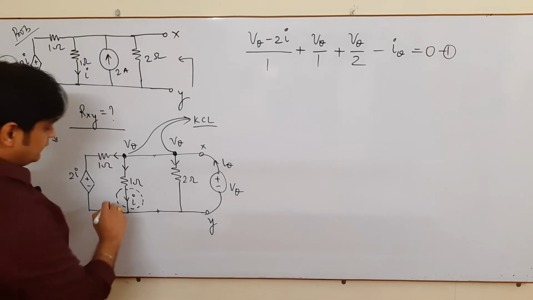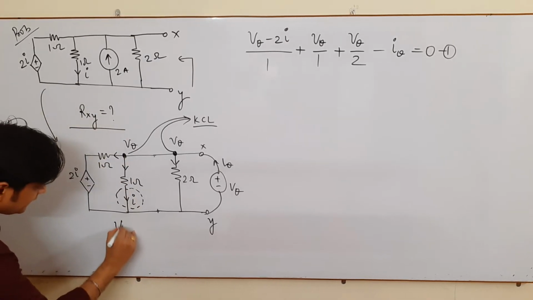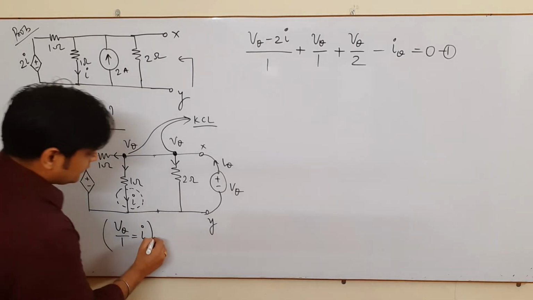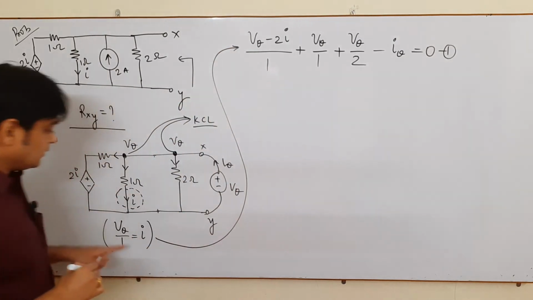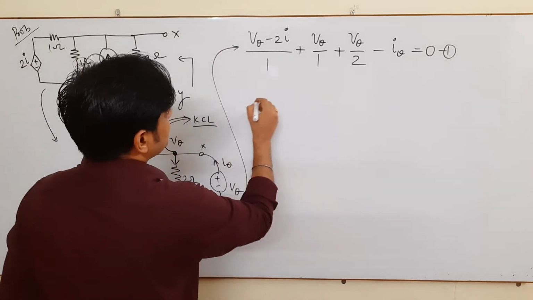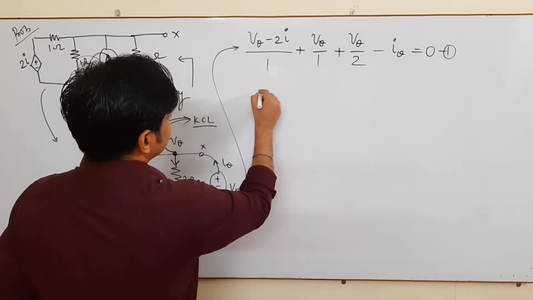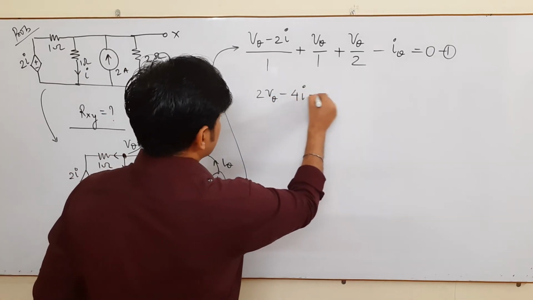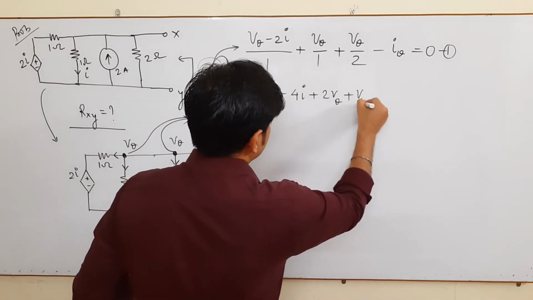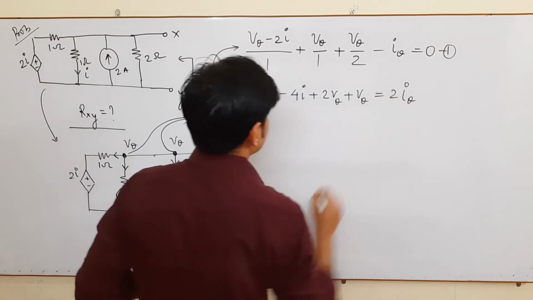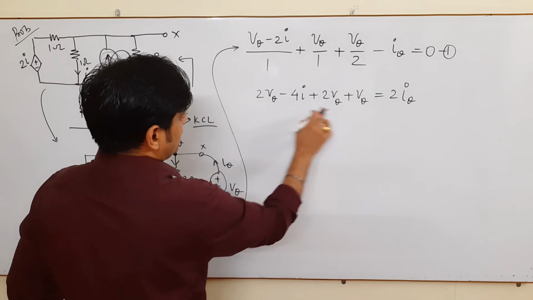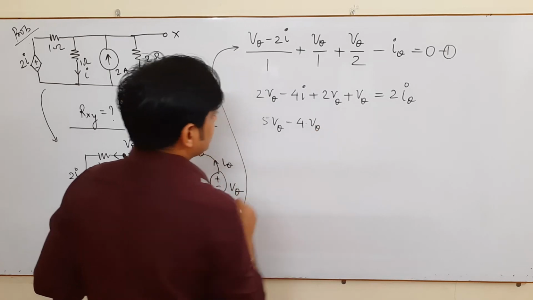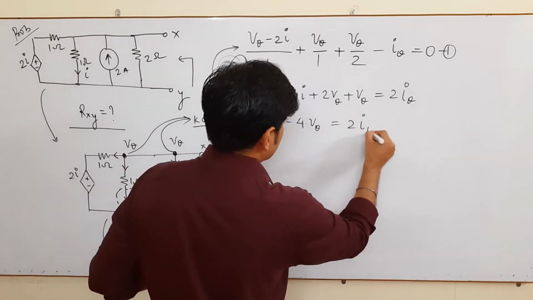Here the very important thing, if you see from here, V theta upon 1 is basically your current I. So I will use this value here. You can say I is equal to V theta. So just by multiplying by 2, I will get 2 V theta minus 4I plus 2 V theta plus V theta is equal to twice I theta. 2 and 2, that is 4, plus 1, 5 V theta minus 4 into, again it is V theta, and that is your twice I theta.